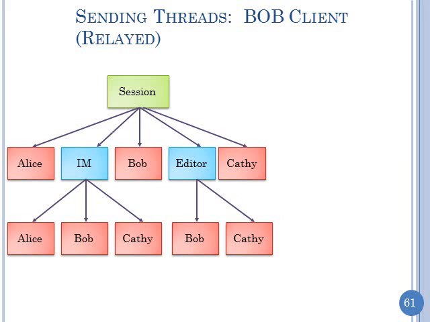Okay, let me revisit the threads situation. I explained threads to you, and then Nick pointed out that we wanted to reduce the latency to other users, so that we shouldn't have to wait for messages to go to the previous user before we can send a message to the next user.